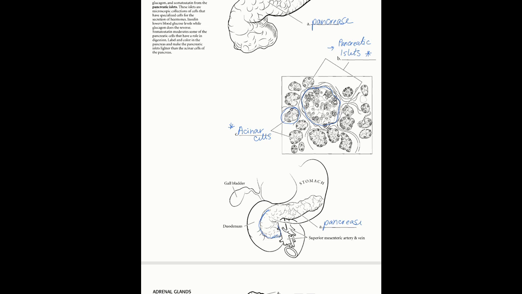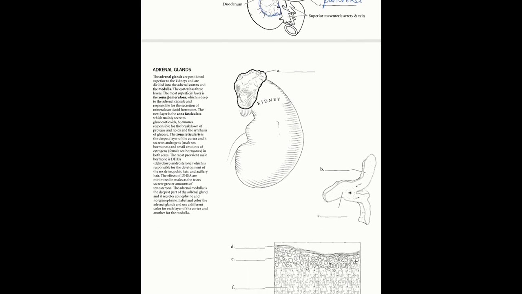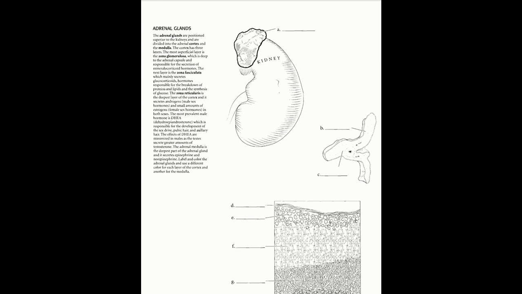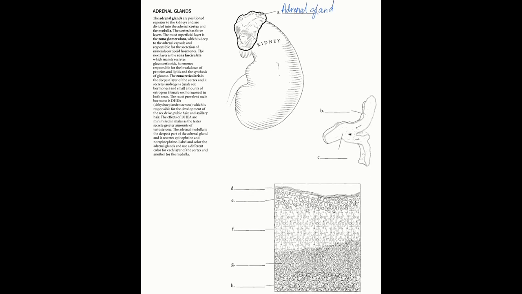Let's move on to our adrenal glands. Adrenal glands rest on top of our kidneys, so we have 2 of them. And if you were to take a cross section of the adrenal gland, this isn't outlined very well, it's more like this.